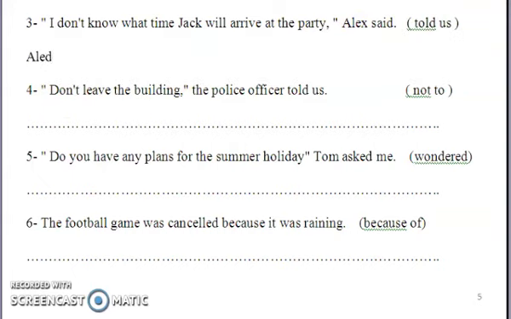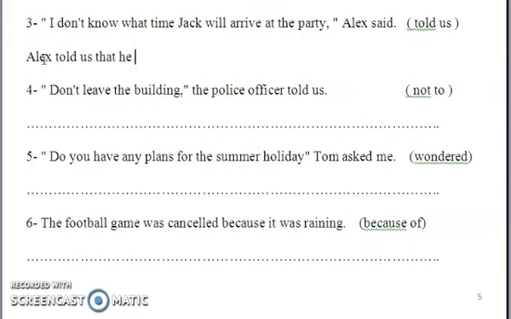Alex told us. Then I use what to join the two parts? Yes, as we said in the previous question, I used that. Alex told us that. I change the pronouns. With Alex I use he. Then I use the past tenses.